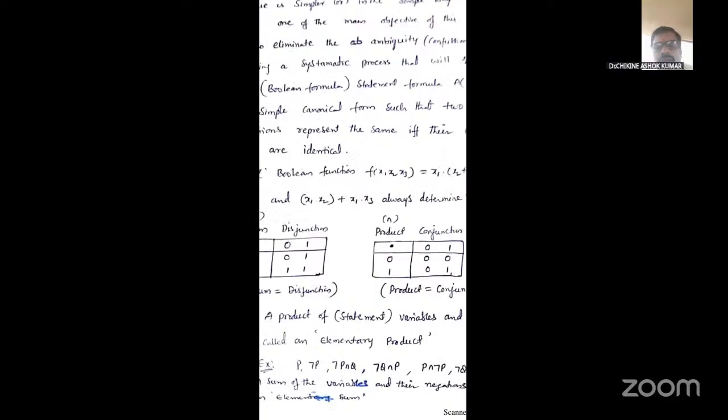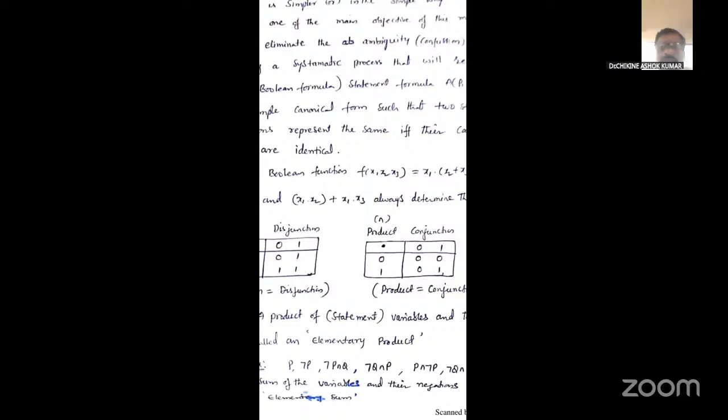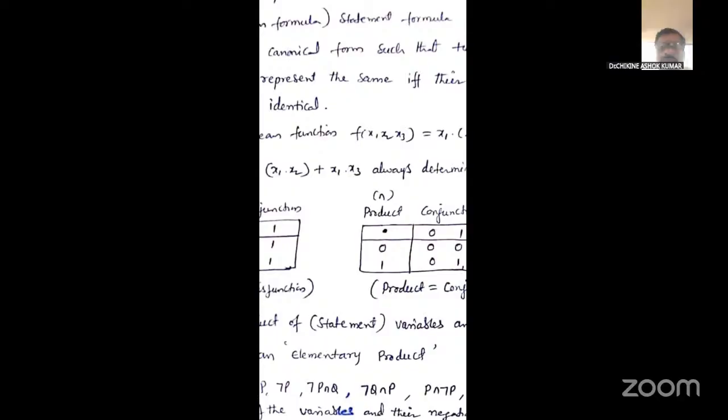A product of variables and their negations is called an elementary product. For example, if you take only a single proposition, it should be P, and its negation will be negation P. If it is Q, negation Q. If it is some other statement R, its negation, negation of R. Next, negation P intersection Q, or P intersection Q. Whatever propositions we take should be clubbed with product, that is intersection.